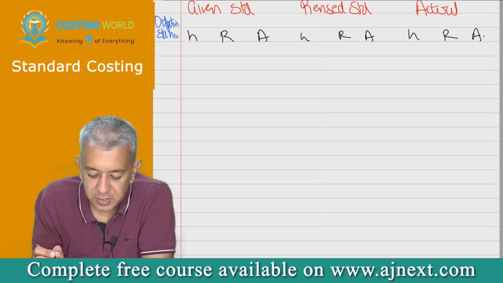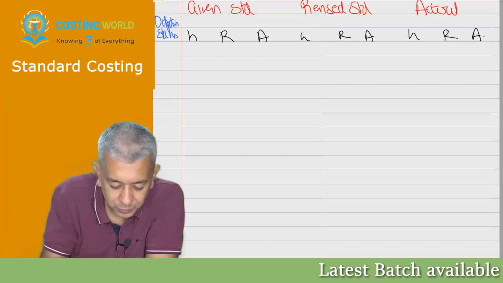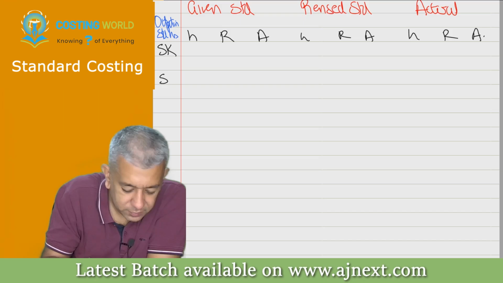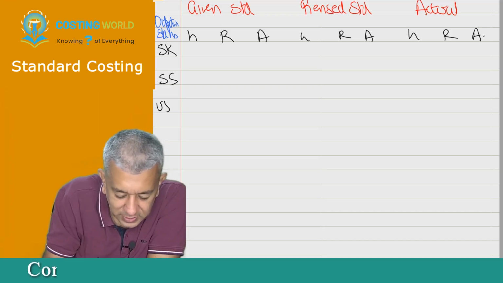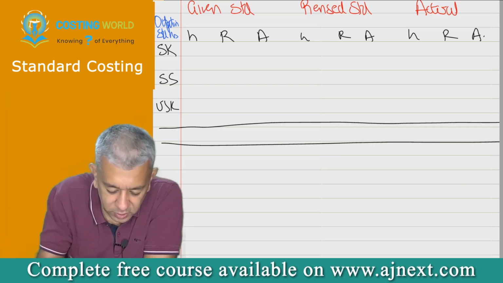Hours, rate, amount, hours, rate, amount, hours, rate, amount. Skilled, semi-skilled, unskilled. Keep on leaving a line over here after each and everything.